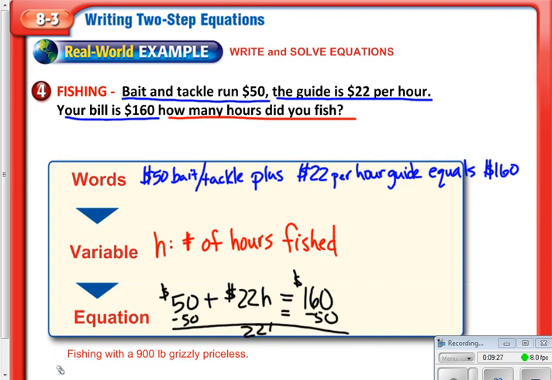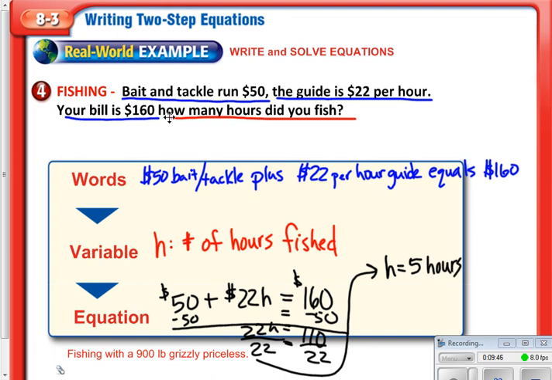We get 22H equals 110. Divide both sides by 22. And when we do that, we find out that H equals 5 hours. So we fished out there for 5 hours.